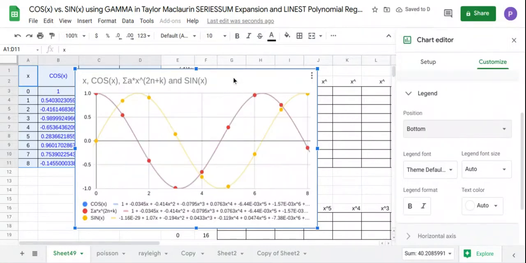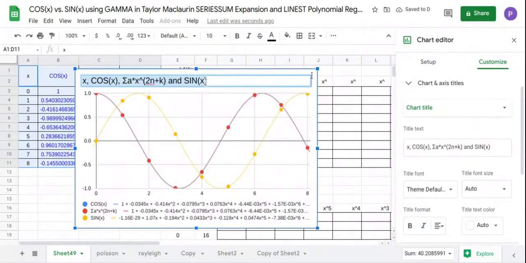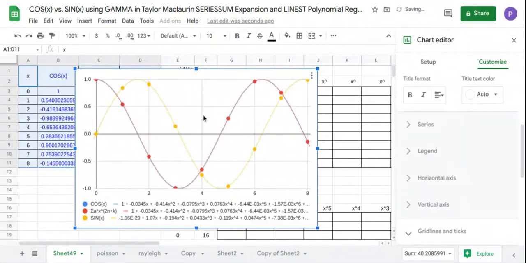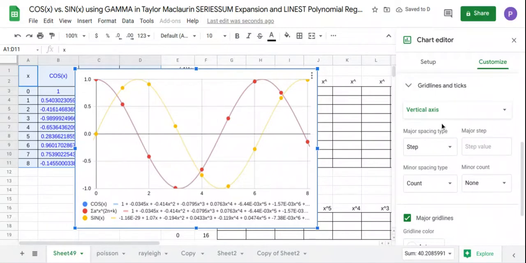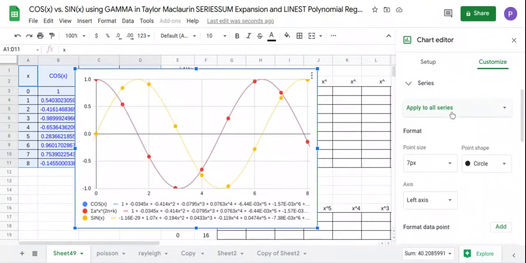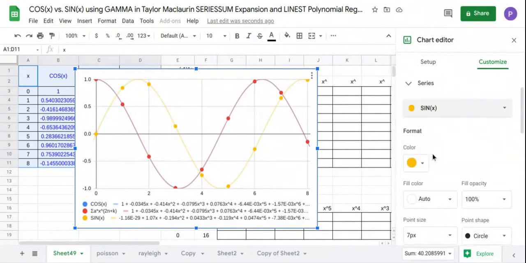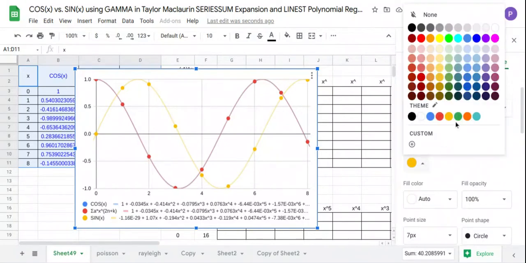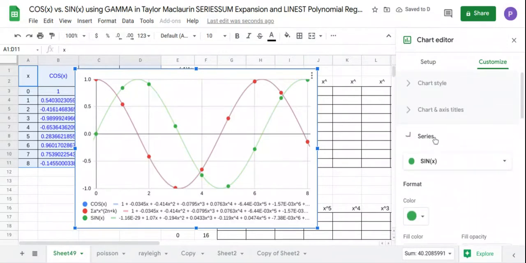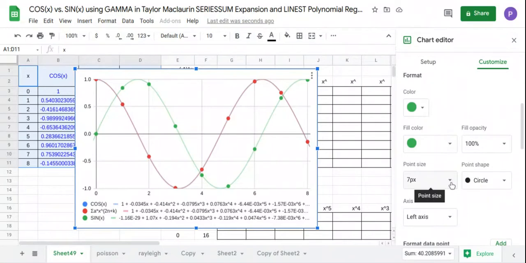We don't need this. We need a space, so we have to remove that. And we change, there's no yellow, we have green in the data set, so we change this to green. And for the series, point size will be maximum.